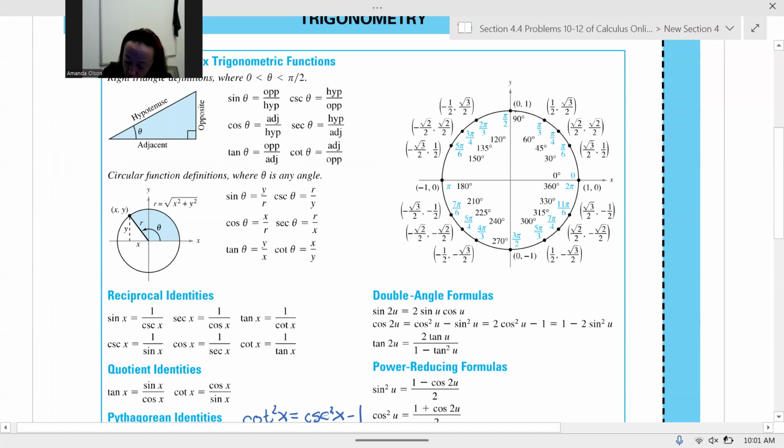So cotangent of pi over 2 is 0. And then for pi over 4, cotangent is square root of 2 over 2 divided by square root of 2 over 2, which is going to be 1.